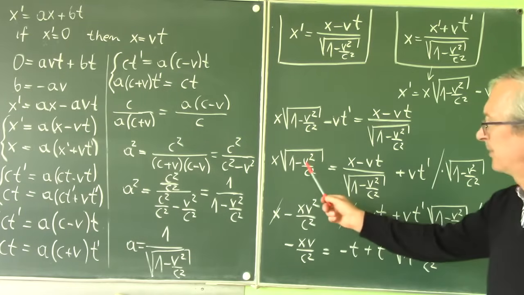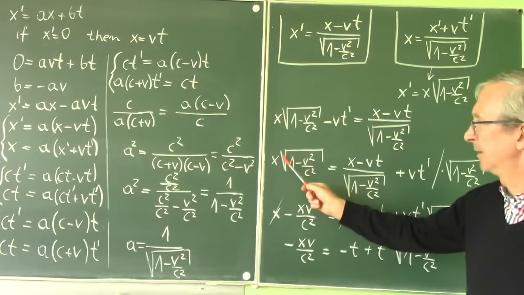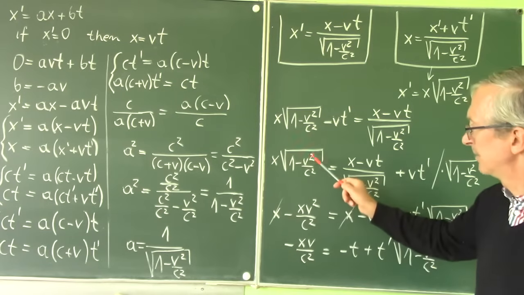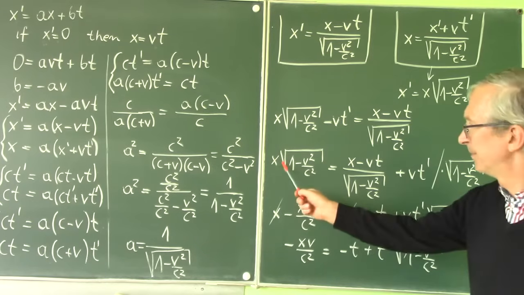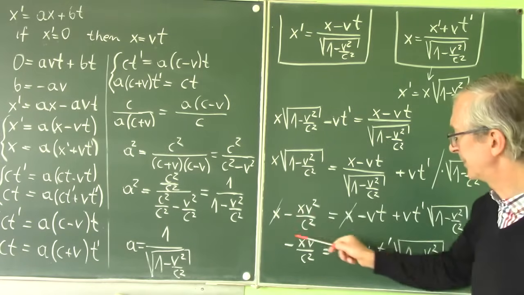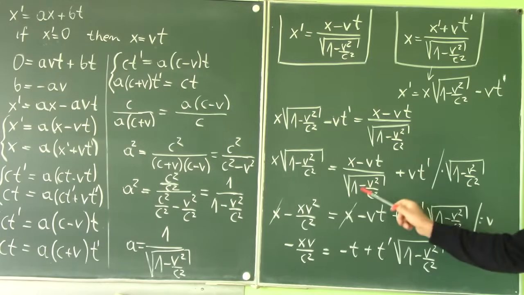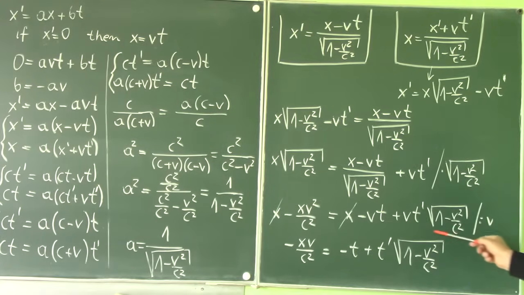If we multiply this root by this root, the root will vanish, and we'll achieve 1 minus v squared by c squared multiplied by x. And we have it here. And if we multiply this expression by this root, we will have such expression.